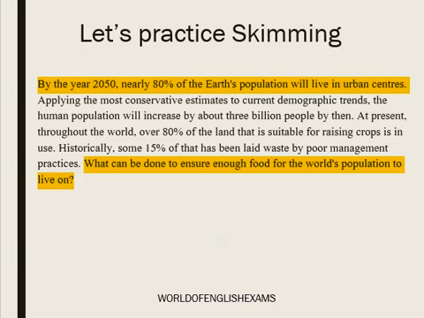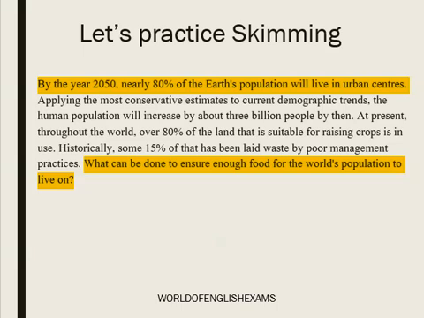That is, by the year 2050, 80% of the population will live in urban centers. Urban centers is nothing but cities and towns, suburbs, let's say. So he's talking about the prediction of the Earth's population and how much proportion of the people would be living in cities. Wonderful.